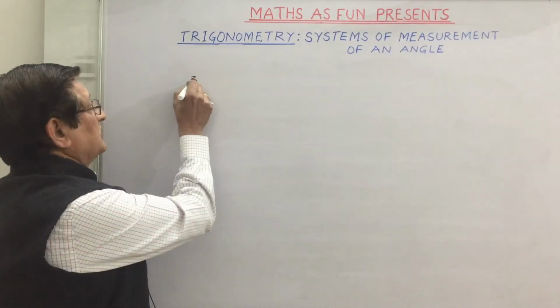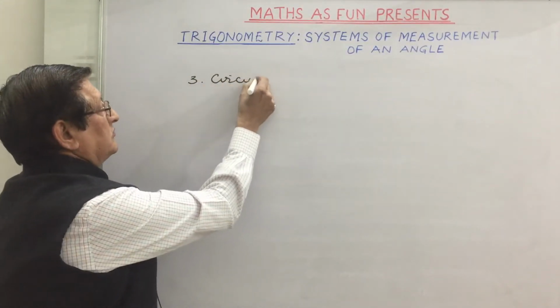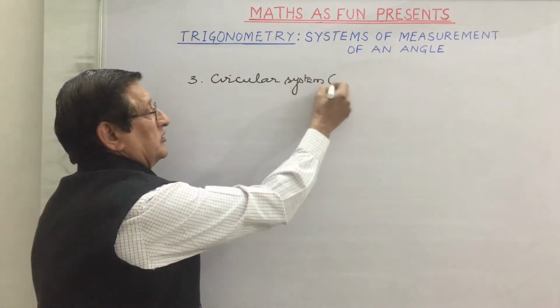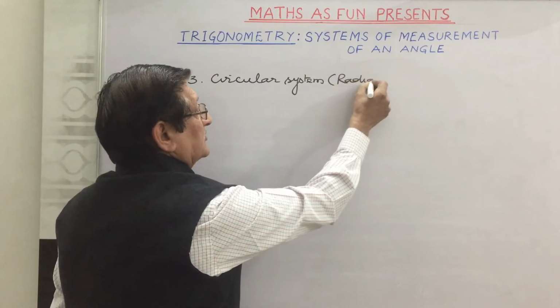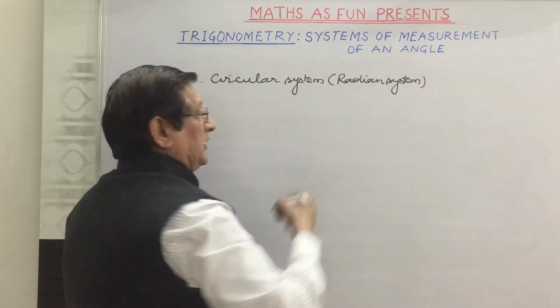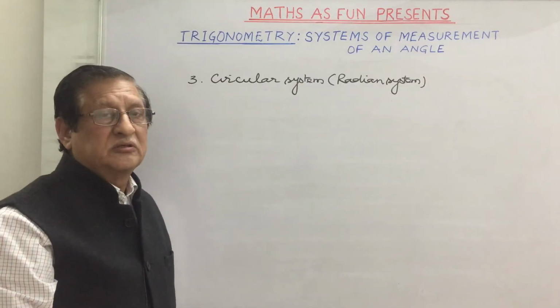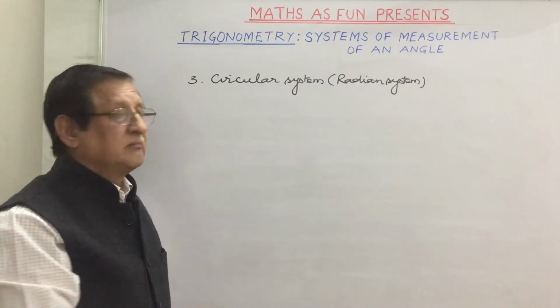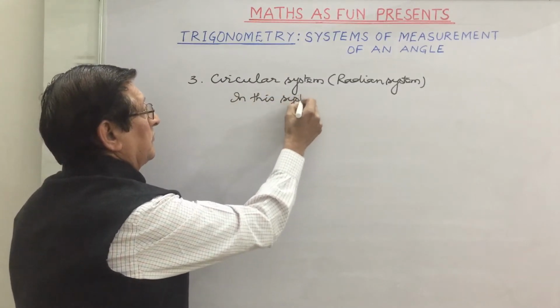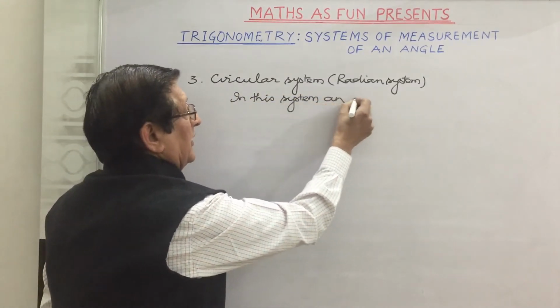The third system is circular system, which is also known as radian system. In this system, an angle is measured in radians.